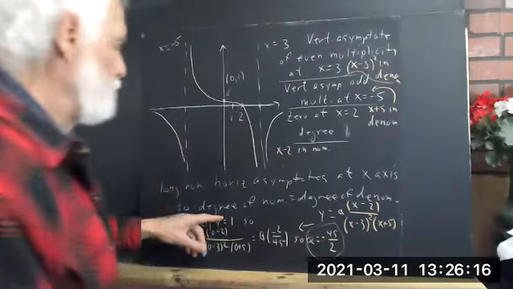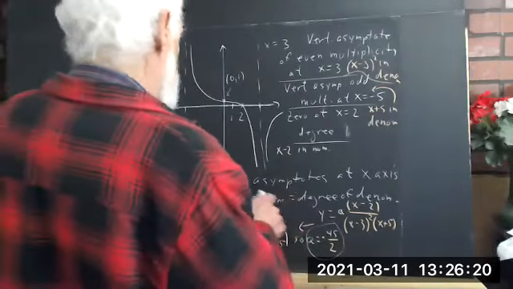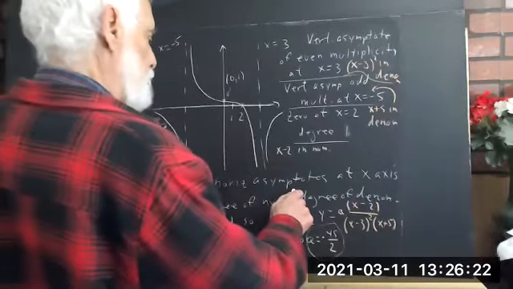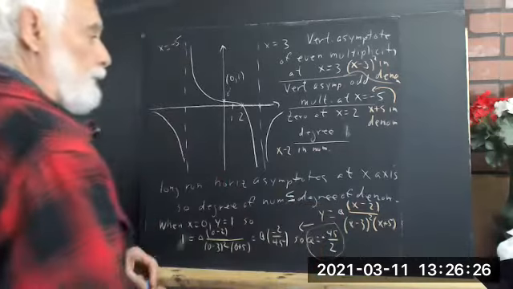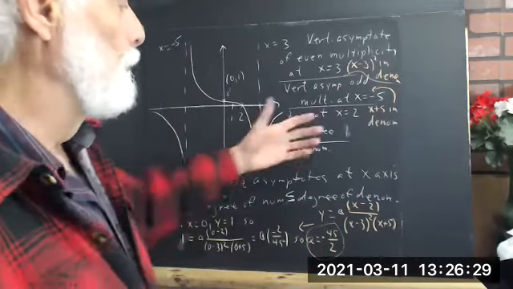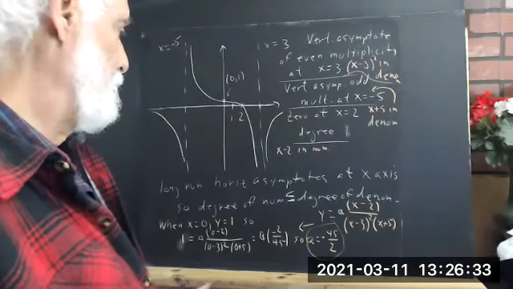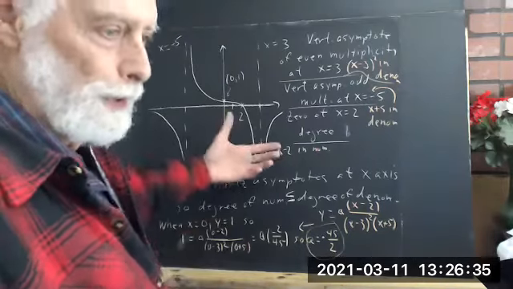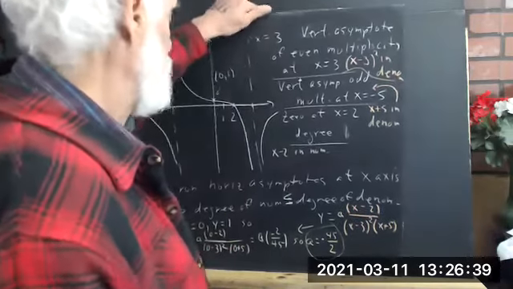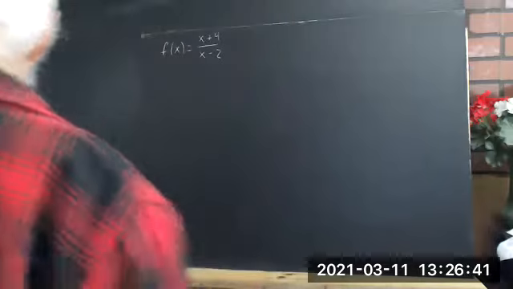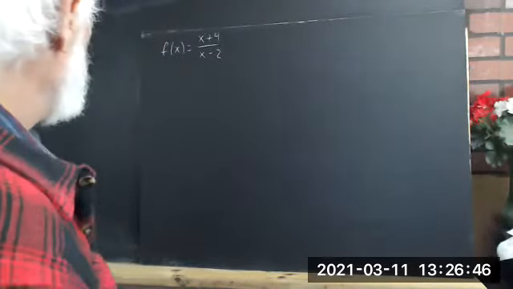I said the degree of the numerator equals the degree of the denominator because it has horizontal asymptote at the x-axis. It should have been less than or equal to the degree of the denominator. If the degree of the numerator equals the degree of the denominator, then you don't get a horizontal asymptote at 0. So make sure you understand that part of the reasoning. I wrote that down carelessly.